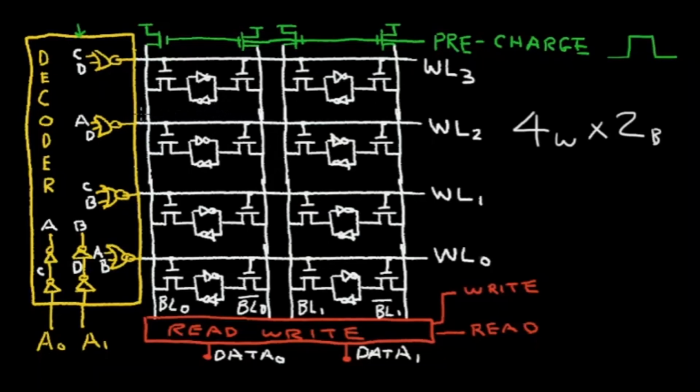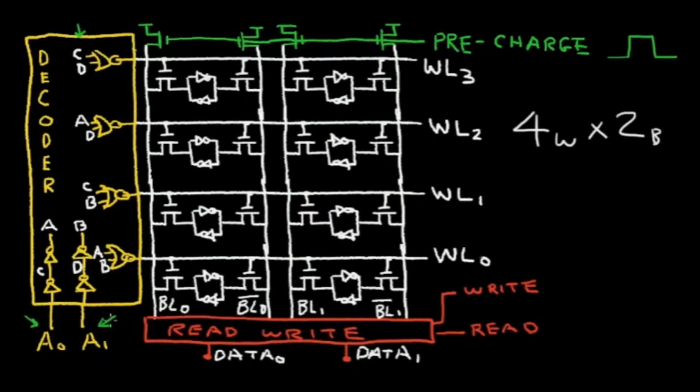The part shown in yellow is a decoder circuit, and what that does is it selects one word line to go to a high level, and only one word line is allowed to go to a high level at a time, so we don't get conflicts of data. So this particular decoder has two address inputs. It has A0 and A1.